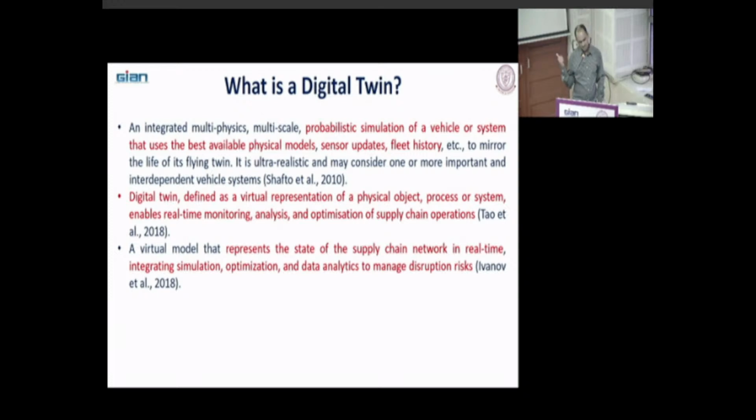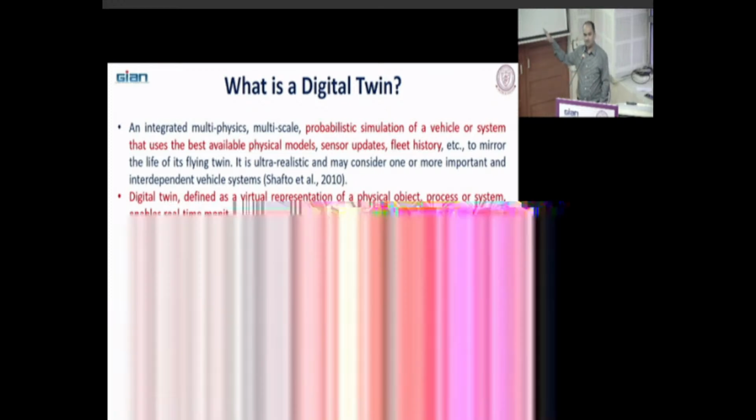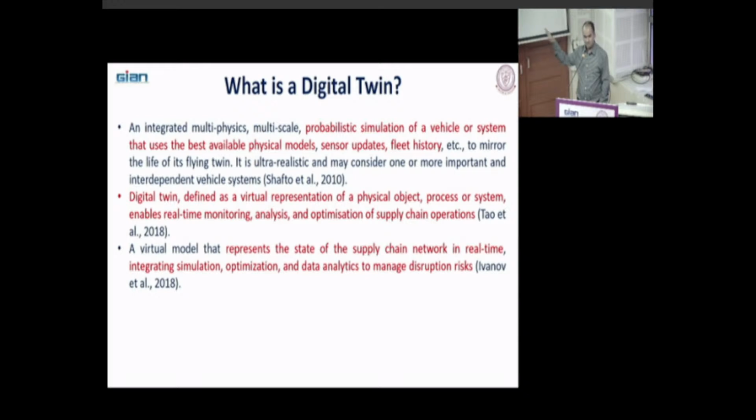In this definition, you can see three important terms: simulation, optimization, data analytics. Now tell me, how are these three technologies related to the digital twin? How can you use them in a digital twin? Tell me.